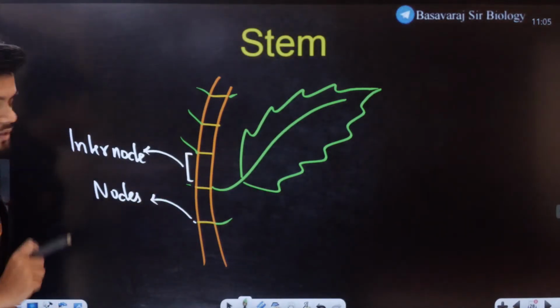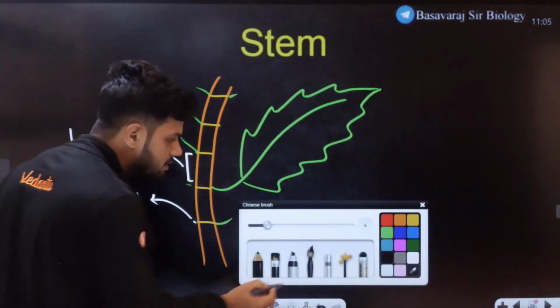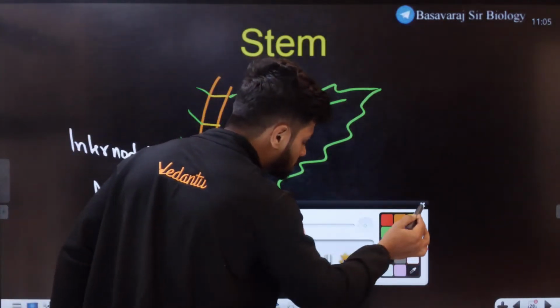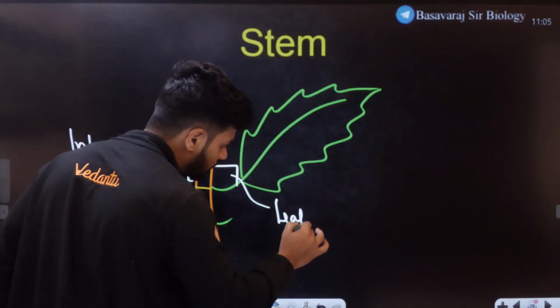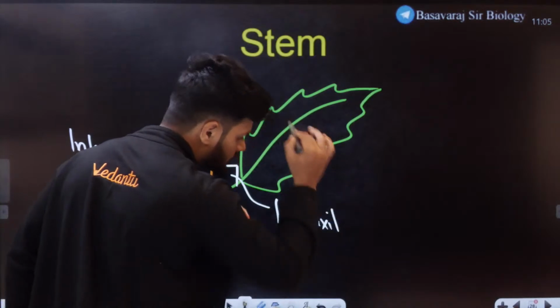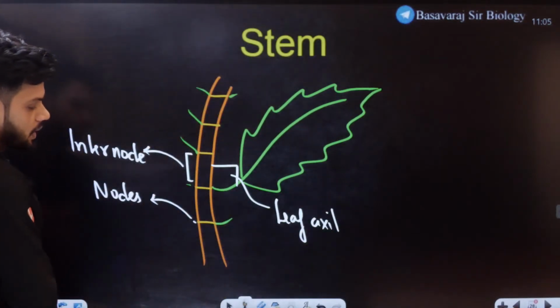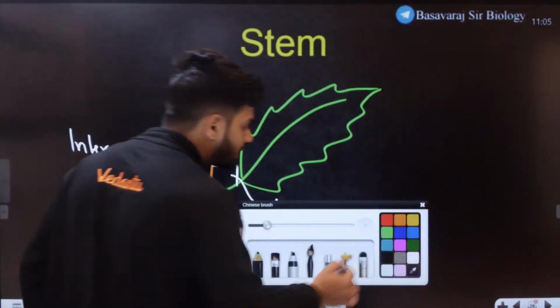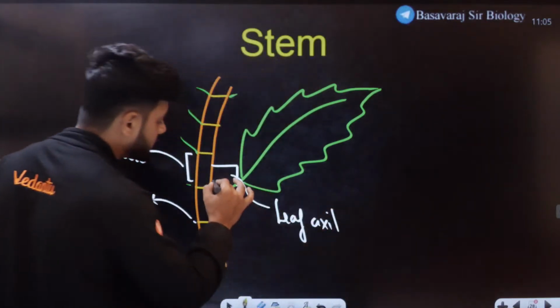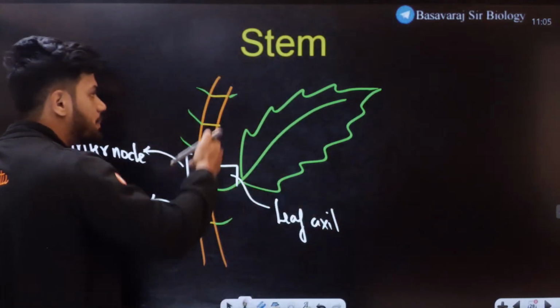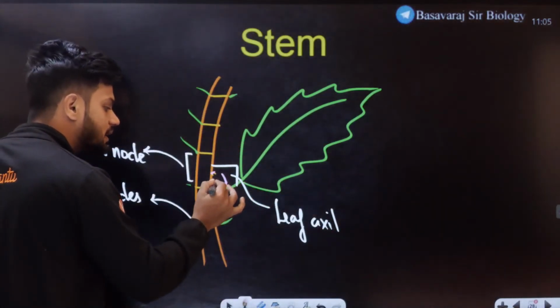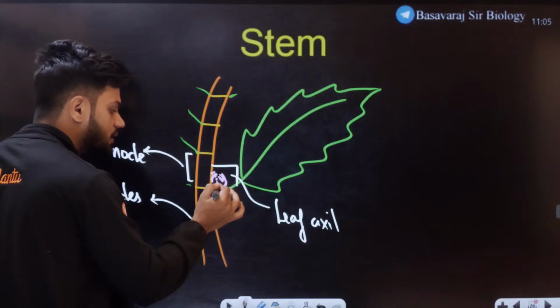Now, all of you listen to me very carefully. In this nodal region, this region right here, it is called as leaf axil. Okay, leaf axil. In this leaf axil, students, there are some cells left behind when the shoot apical meristem is growing. When the shoot apical meristem is growing, some cells are left behind in this region right here.